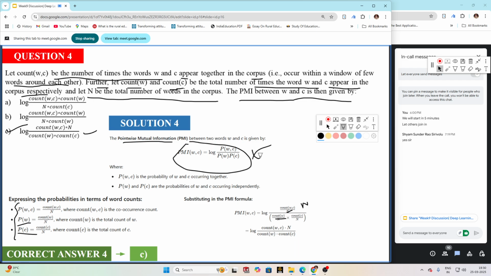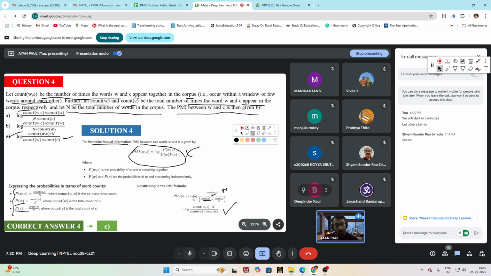This is the main formula, and this is how you calculate the probability of W comma C, the probability of W, and the probability of C. Just put all this in this equation and you will get this. So C is the answer. This is a theory question. If you know the formula of PMI, you can answer. Clear, right?